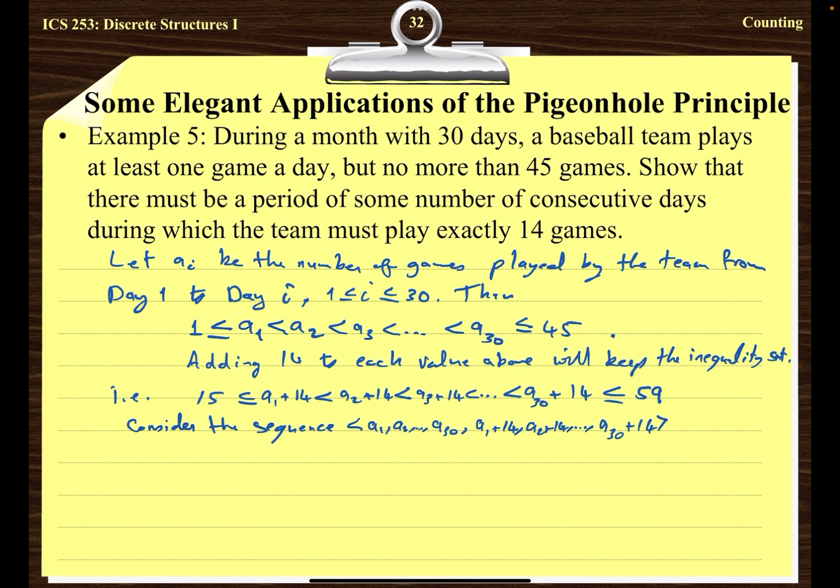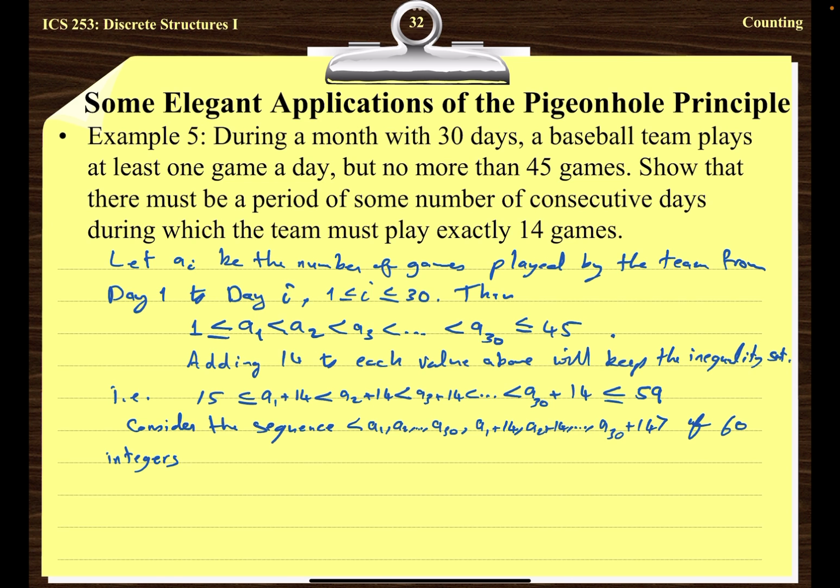Consider the sequence of how many numbers do I have in the sequence? عيد النظر، 60 صح، of 60 integers.